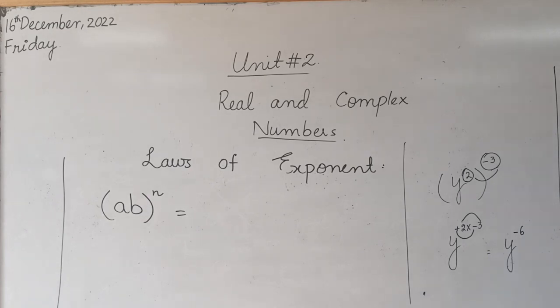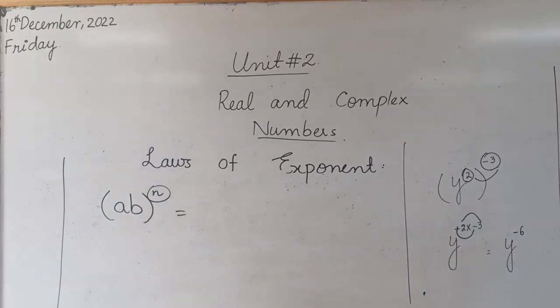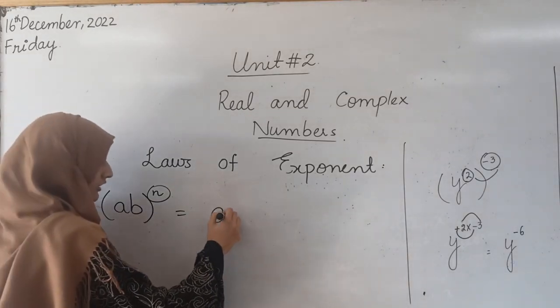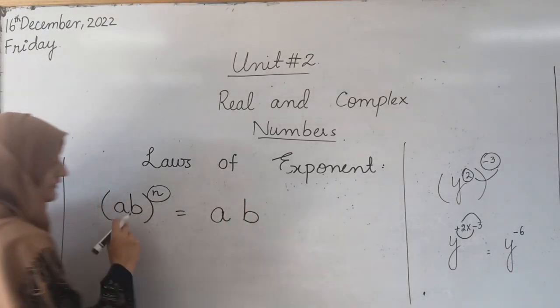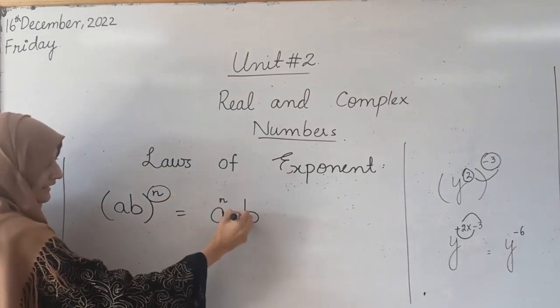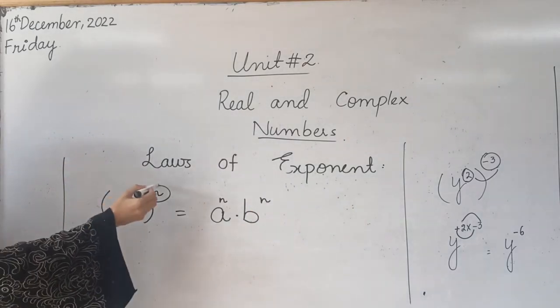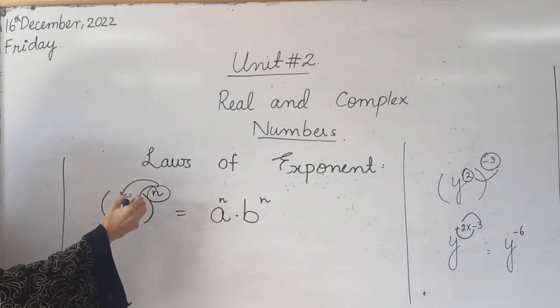Their power is same, common, which is n. So now what will we do? The law of exponents says that the power will apply individually on each base. a raised to power n multiply b raised to power n. This power will apply individually on each base.